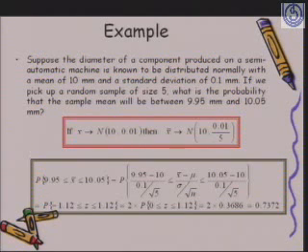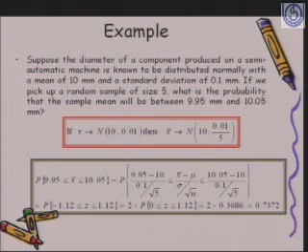So they have written probability 9.95 less than or equal to X bar less than or equal to 10.05, and they have tried to transform this into the form of a standard normal variate. And what do you do when you want to transform a variable into a standard normal variate?